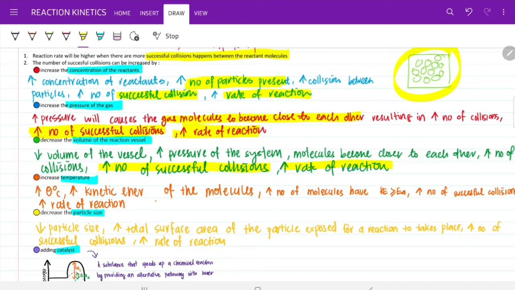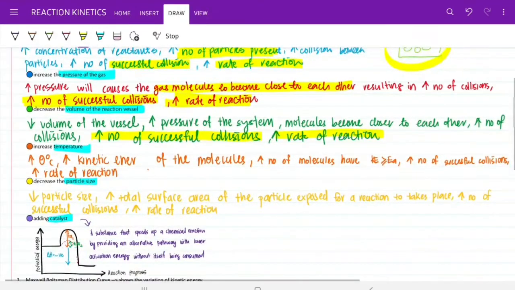In terms of increasing temperature, it works in a different way. It's not about the number of collisions between them; increasing temperature leads to higher kinetic energy.